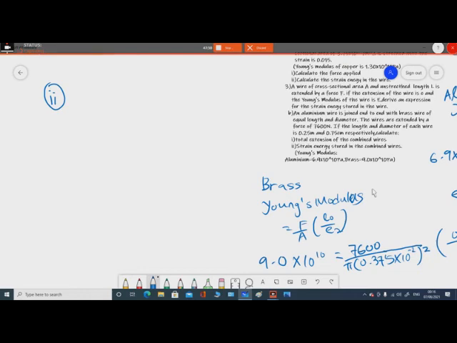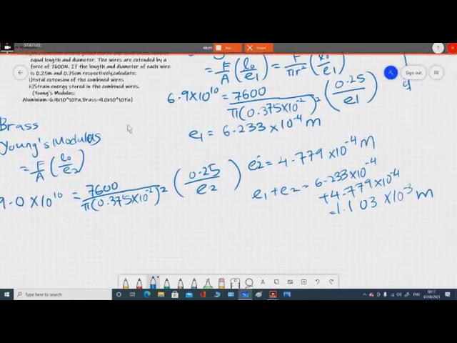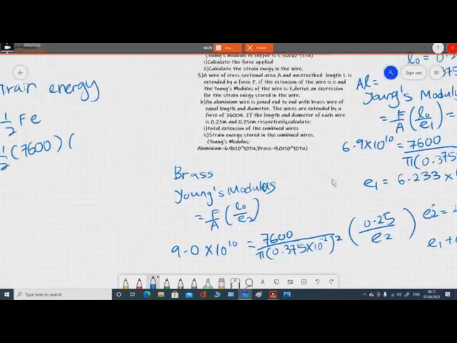What is the strain energy stored in the combined wires? Basically we know that the strain energy is equal to half F e. So half, the force applied is 7600 newtons, and the extension, which is the total extension of E1 and E2, is 1.103 times 10 to the power of negative 3.